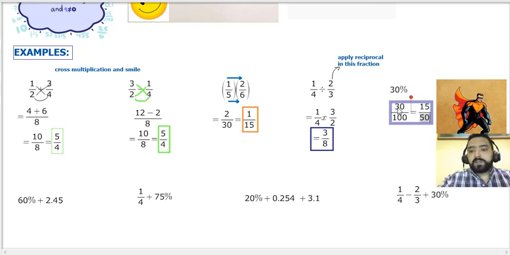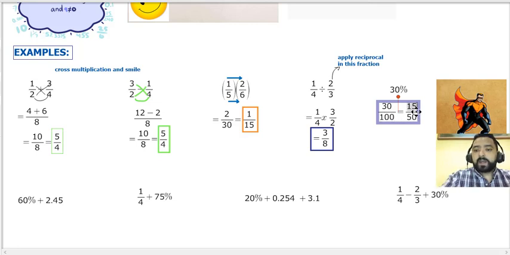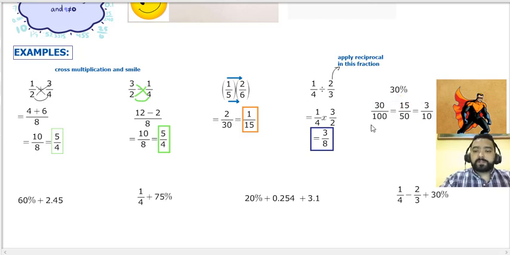If you want to continue reducing this fraction, you can divide by 5. So we're going to have 3 over 10. That means this is the fraction.